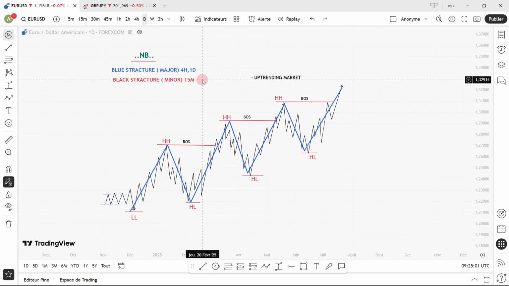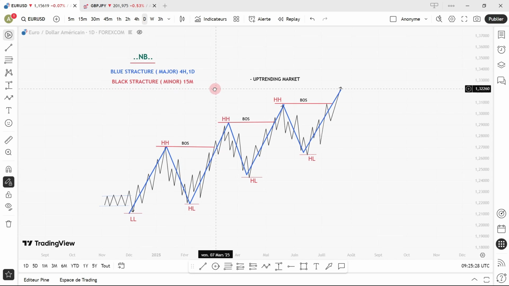This major structure is usually the overall direction of the market, and it is highly respected by institutions. Whereas this minor structure is just used for refinements, for getting precise entries. What do I mean?